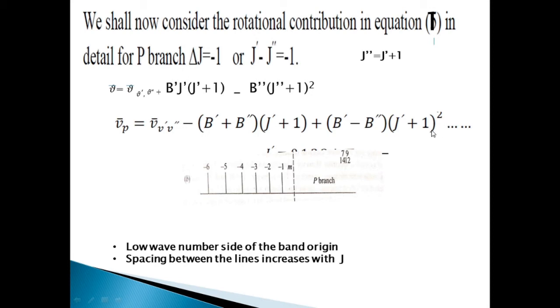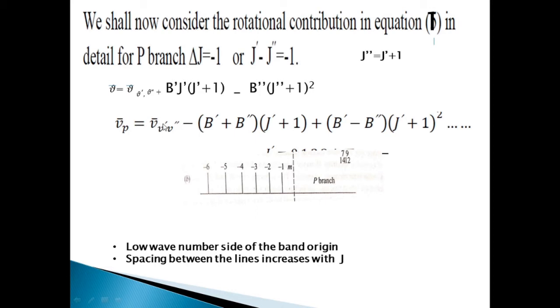Okay, where the rotational quantum number J prime is equal to 0, 1, 2, 3, etc. Next, where is the position of the P branches in the spectral line?